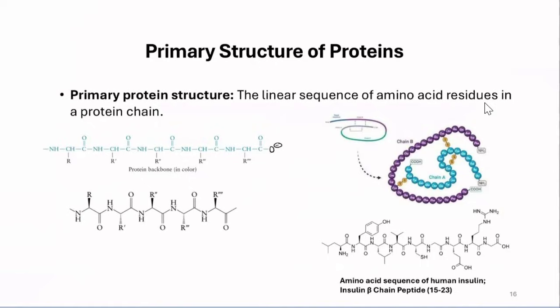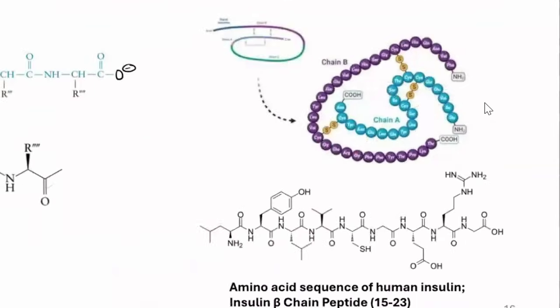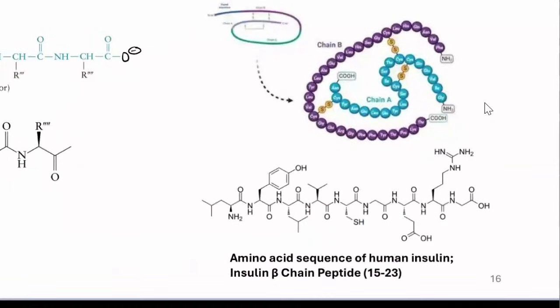As I previously mentioned, insulin is an important protein that is found in humans and other organisms. Overall, the structure of insulin is composed of two chains linked together by disulfide bonds.